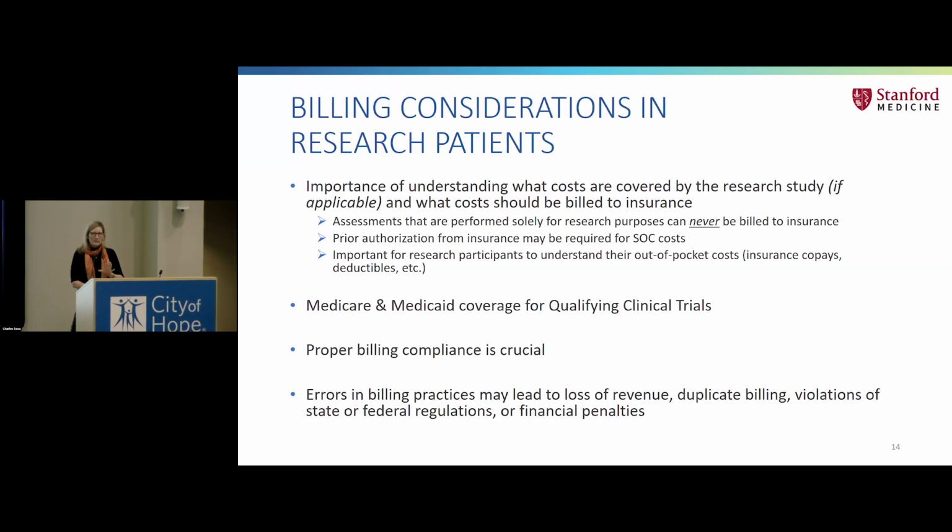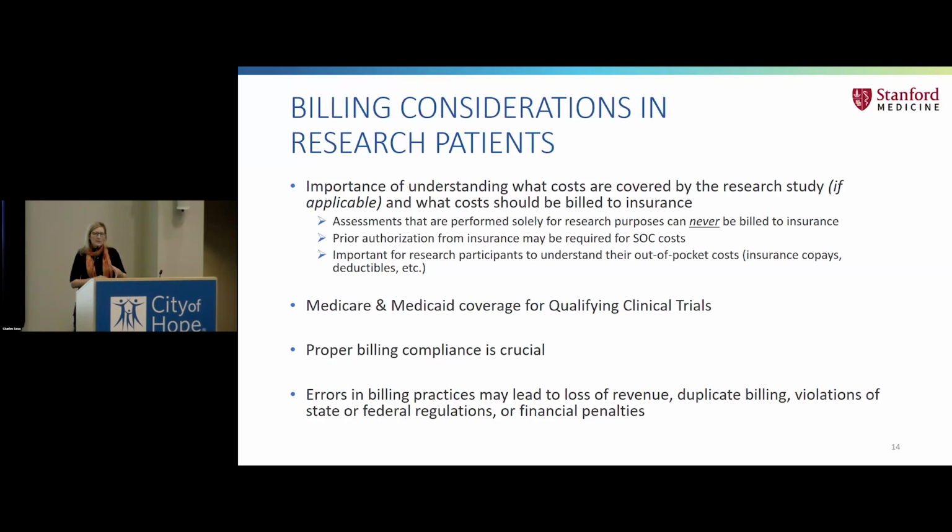And so this gets confusing a little bit for some families, and in my work in pediatrics, I say families, but for patients and families, because it's confusing when some things are billed to the research study, and then they get a bill and they're like, I don't understand. I'm on a research study. Why am I getting a bill for this? So having these conversations with patients and families up front is really important, because they're still going to be responsible for the out-of-pocket cost for the normal expenses, even if they're enrolled on a clinical study.